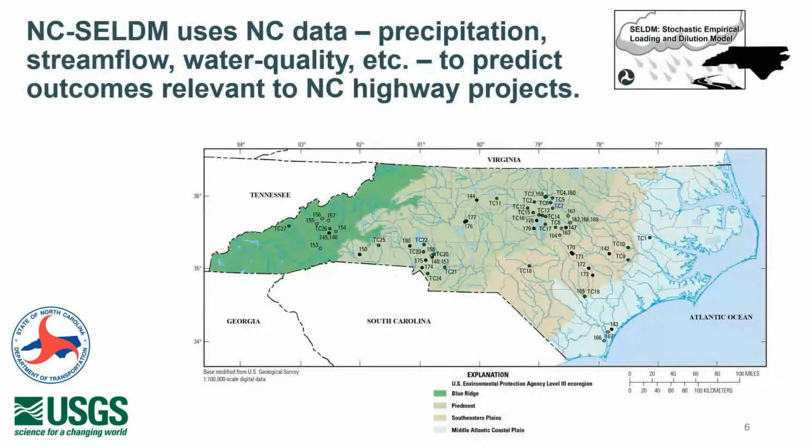As I described, SELDM takes into account upstream basin characteristics, estimates water quality concentrations from the upstream basin, combines it with the highway, and then estimates the effects downstream. North Carolina SELDM refines from that and specifically uses North Carolina inputs.